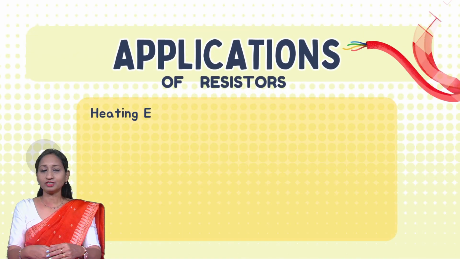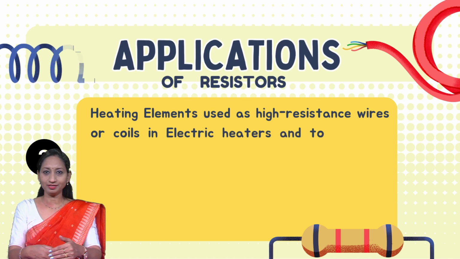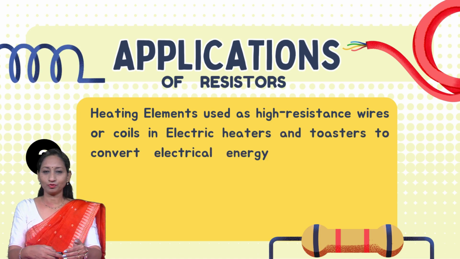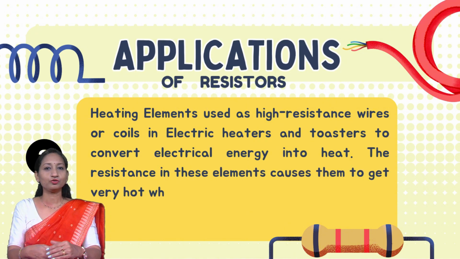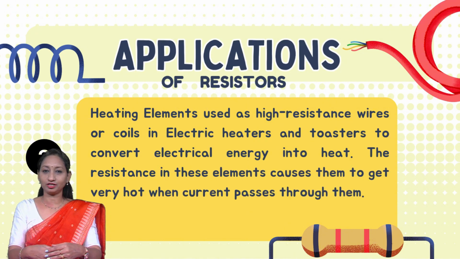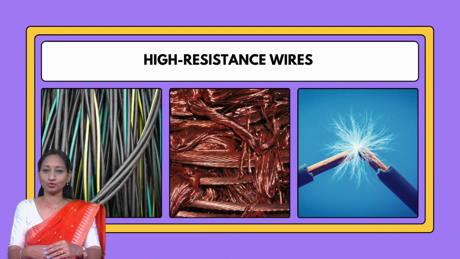The next application is in heating elements as high resistance wires or coils, which are found in electric heaters or toasters to convert electrical energy into heat. The resistance of these elements causes them to get very hot when current passes through them.